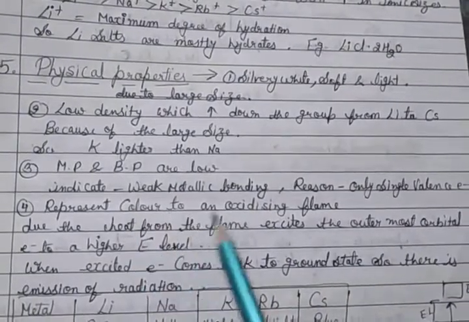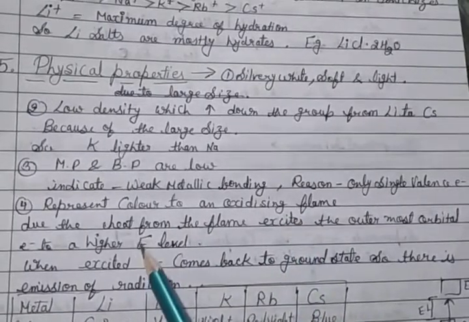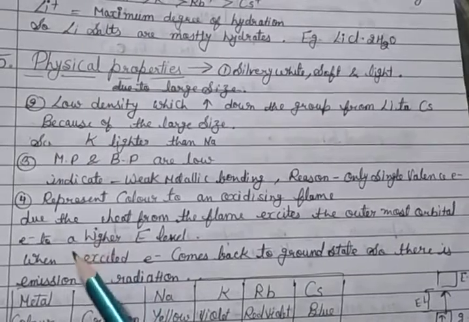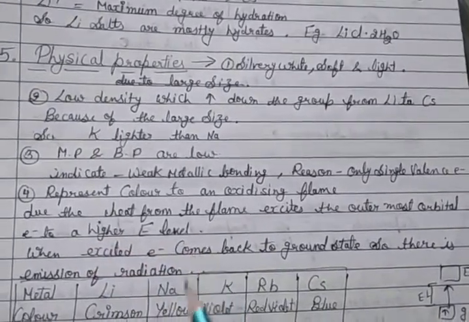Then they give color to an oxidizing flame, because the heat from the flame excites the outermost orbital electron to a higher energy level.